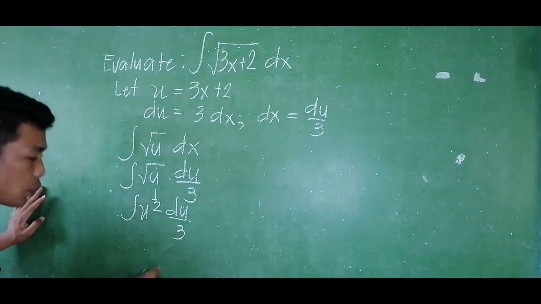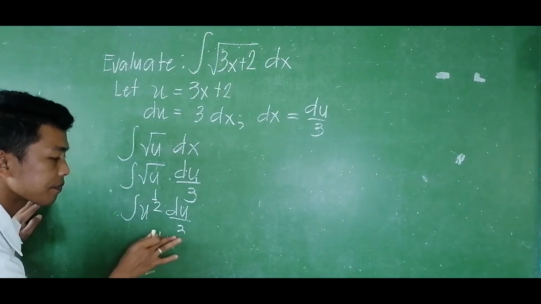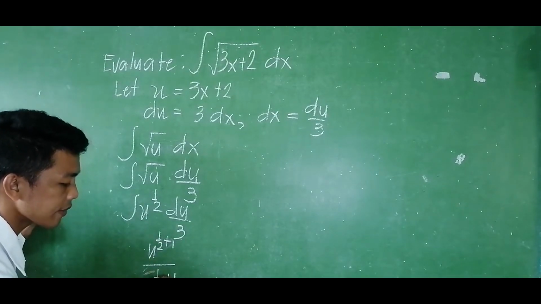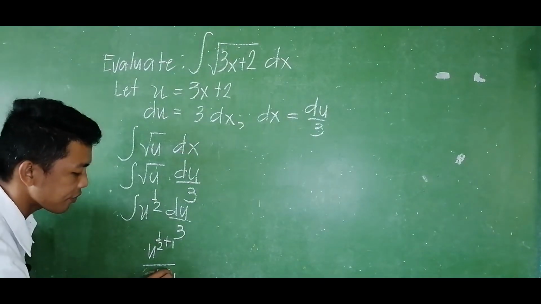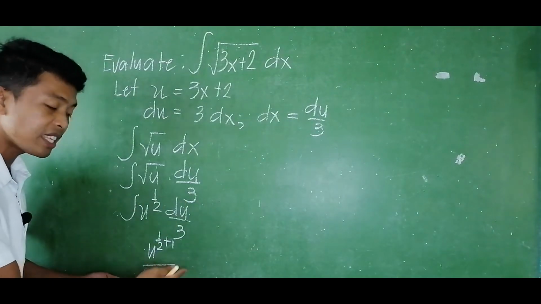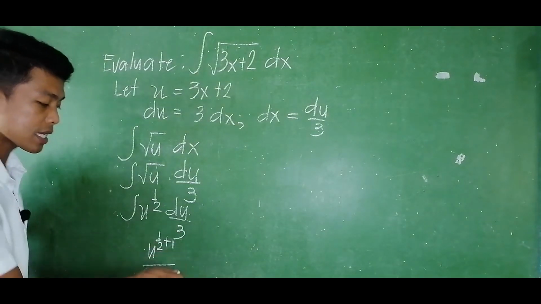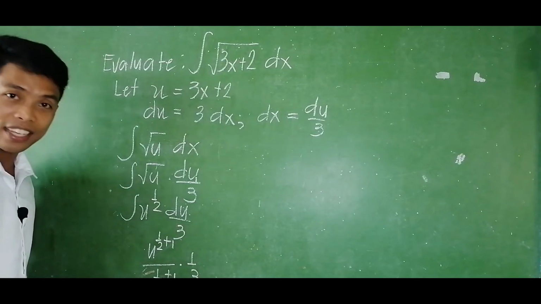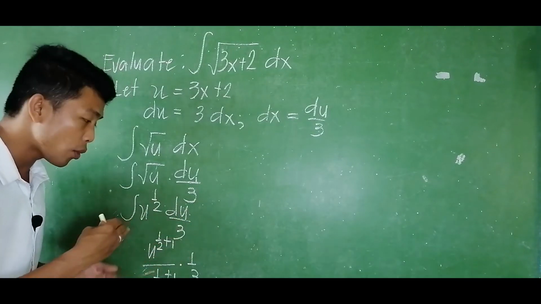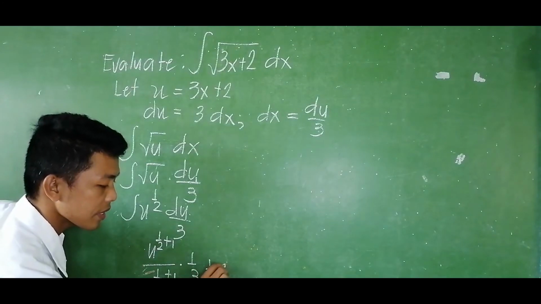By applying the power rule, we will get u raised to 1/2 plus 1 over 1/2 plus 1. And then, because we have du over 3 and we are already integrating, du will no longer exist in this process. So, what we will have is 1 over 3, because du over 3 means 1/3 times du, plus c.